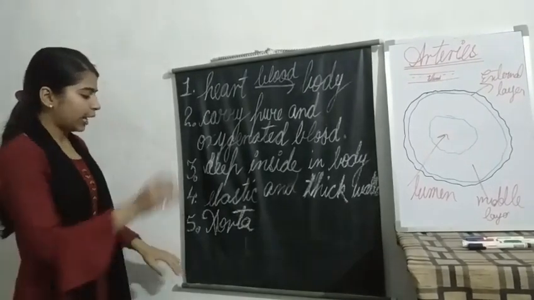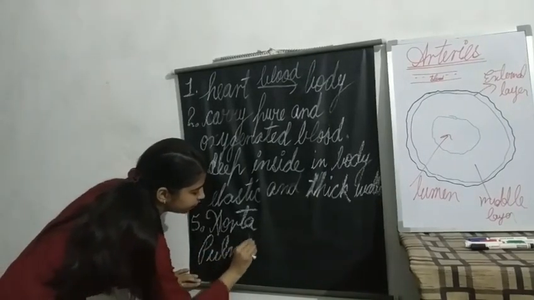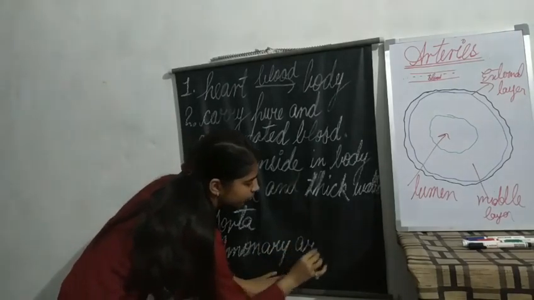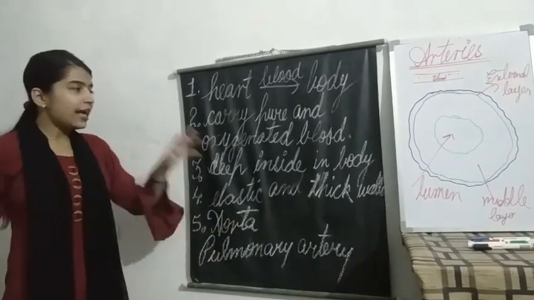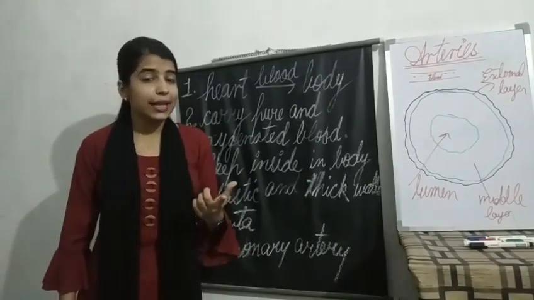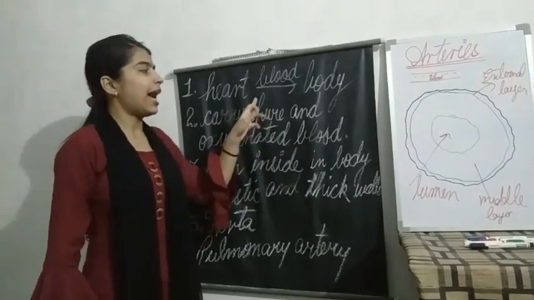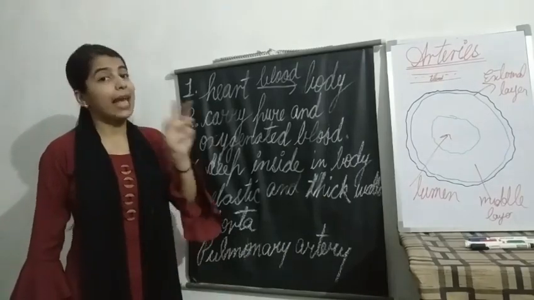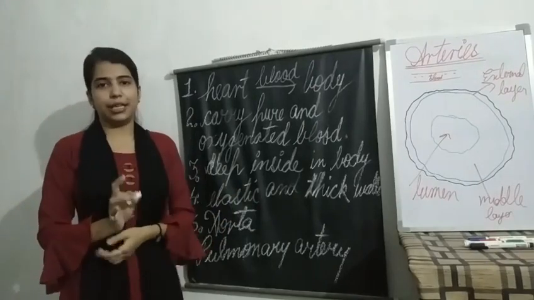One more type of artery is the pulmonary artery. Pulmonary artery is actually an exception to other arteries. What is that exception? While other arteries carry the oxygenated and pure blood, this pulmonary artery will carry the deoxygenated blood.